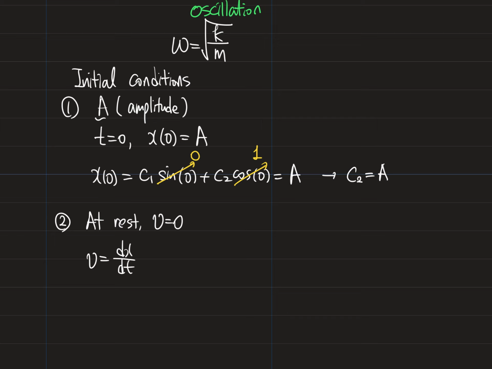And from our general solution, the velocity should be given as c1 omega cosine omega t minus c2 omega sine omega t.